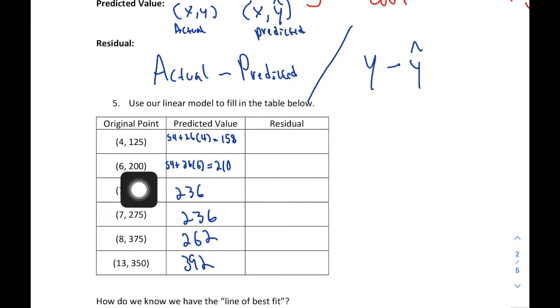If I did that for these examples, so like 158 minus 125, the other way around. Actual minus predicted, so 125 minus 158. This is negative 33. And again, 200 minus 210 is negative 10. Keep going with this.